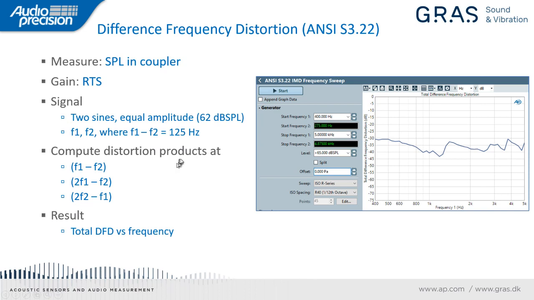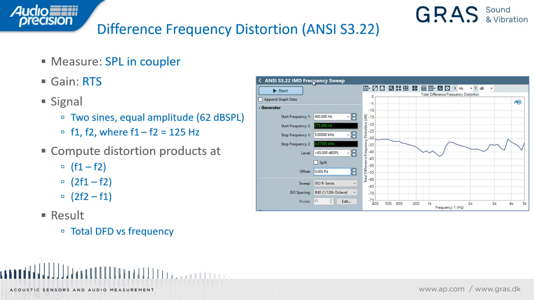Another difference between the two is that the ANSI standard has 3 of these distortion products. They occur at many frequencies, but the ANSI standard calls out measurements at F1 minus F2, 2F1 minus F2, and 2F2 minus F1. The sum of those distortion products is expressed as a ratio of the overall signal, and the result is to plot the total difference frequency distortion versus frequency.